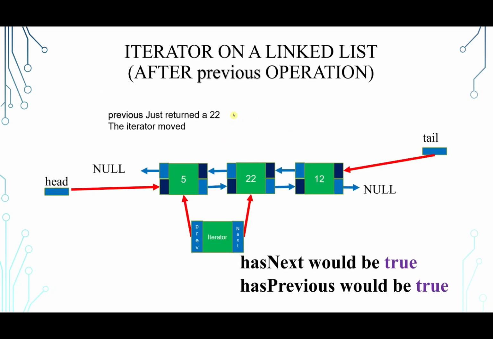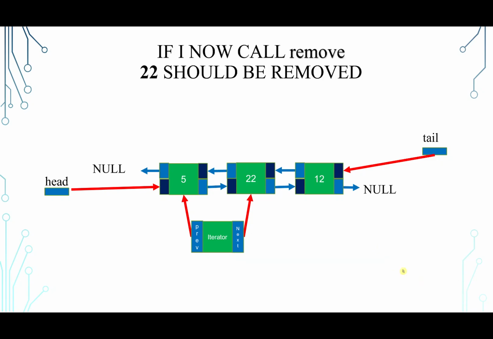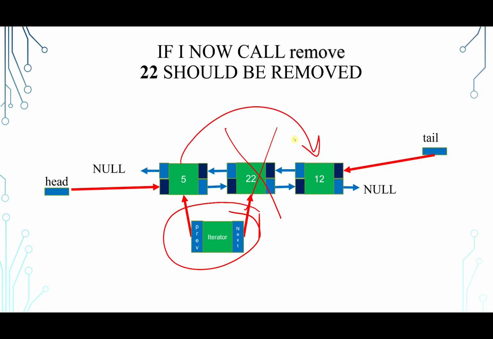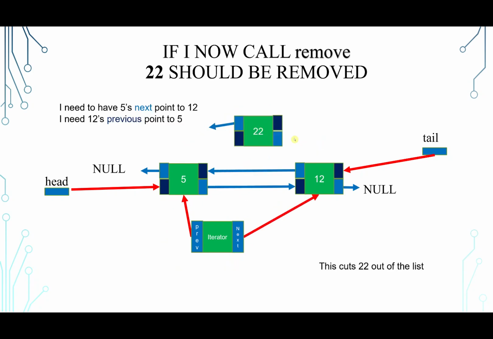So previous just returned 22 and the iterator moved. So hasNext returned true and hasPrevious returned true. If I'm going to remove, then 22 is going to be removed, because the pointer is in here, and if I do remove, then this 22 is going to be removed, and now 5 points to 12. 5 becomes pointing to 12, 22 is gone.